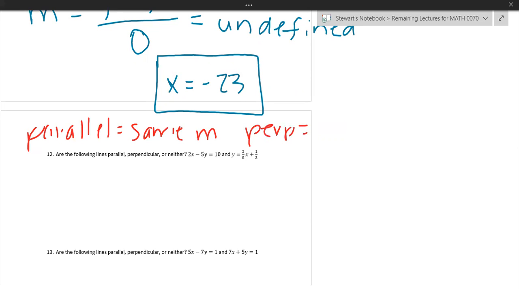Perpendicular means opposite reciprocal slope.